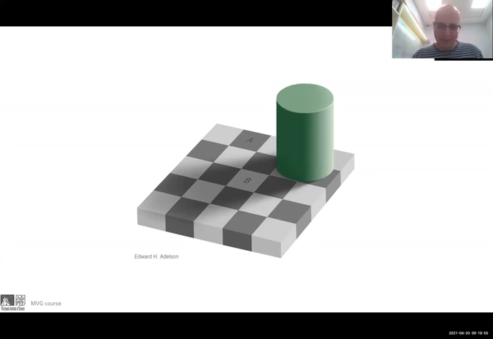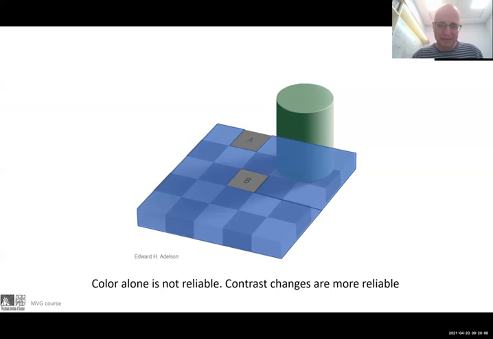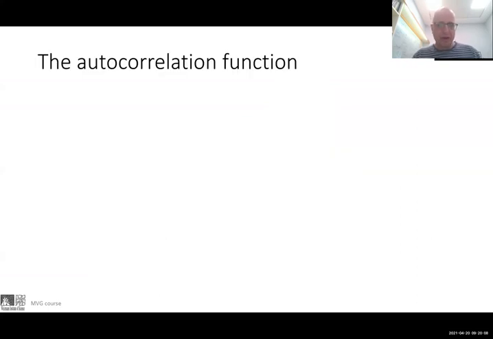So this is a nice processing done in the brain, but one that you can use to build an optical illusion. Okay, so we want some way to understand what features we can extract for image registration.